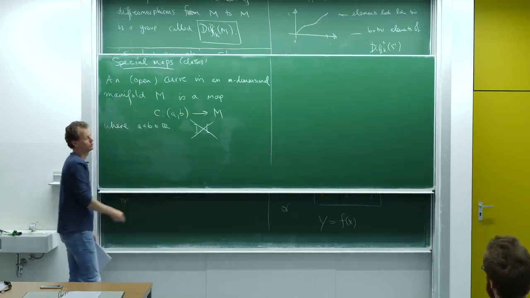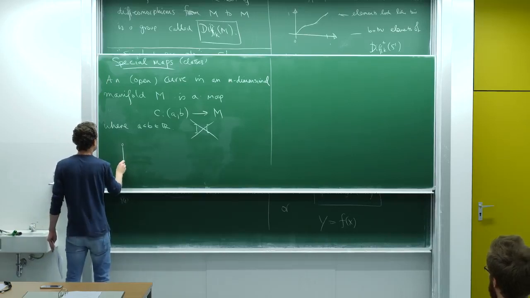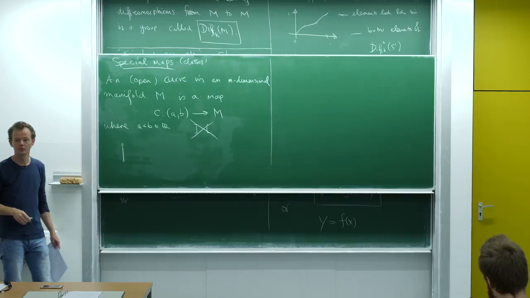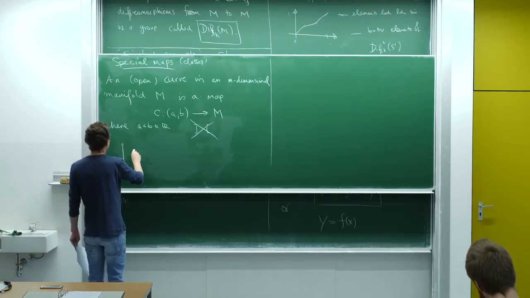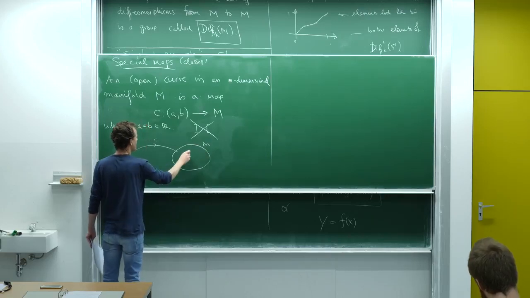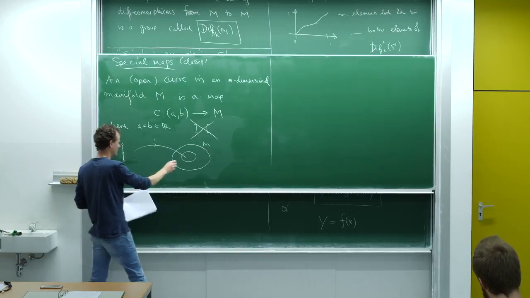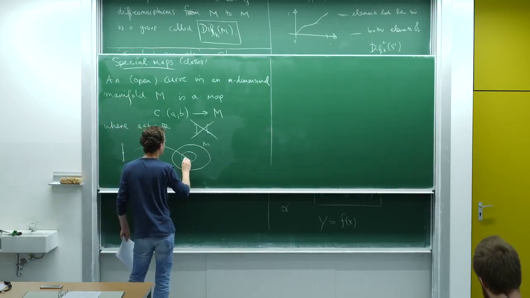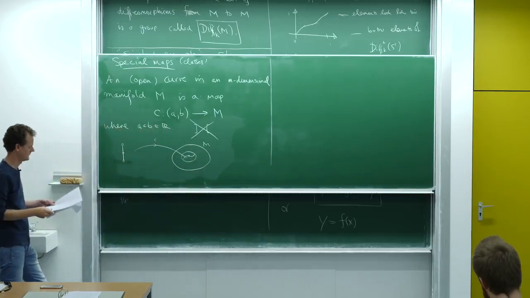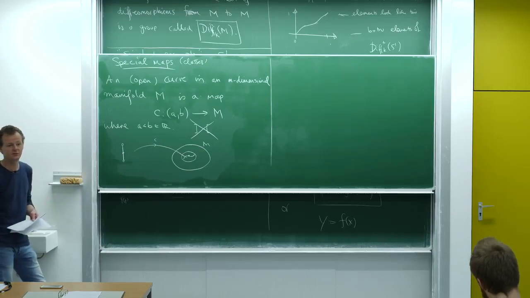Now, let's draw a picture to get a sense of what the things are. It's an open interval, so it doesn't include its endpoints, and a map C is a map from this to our manifold M, and that means to every point here we have a corresponding point over here in our manifold. We want to talk about its coordinate presentation. We always need to choose coordinates if we want to answer questions like differentiability.